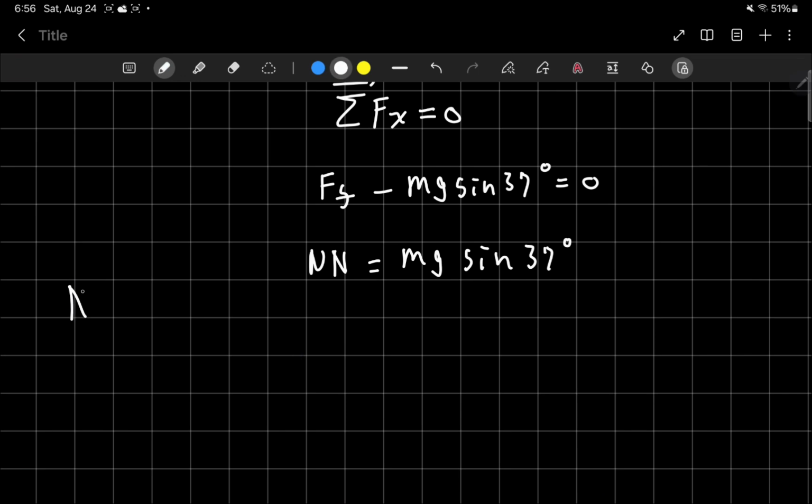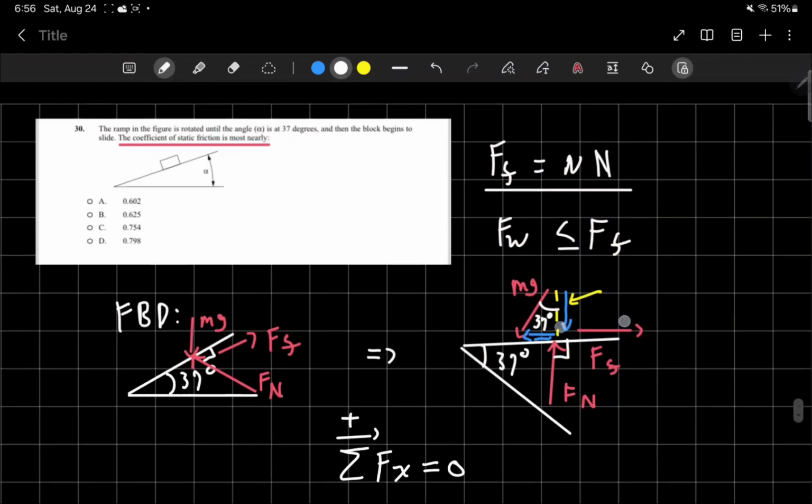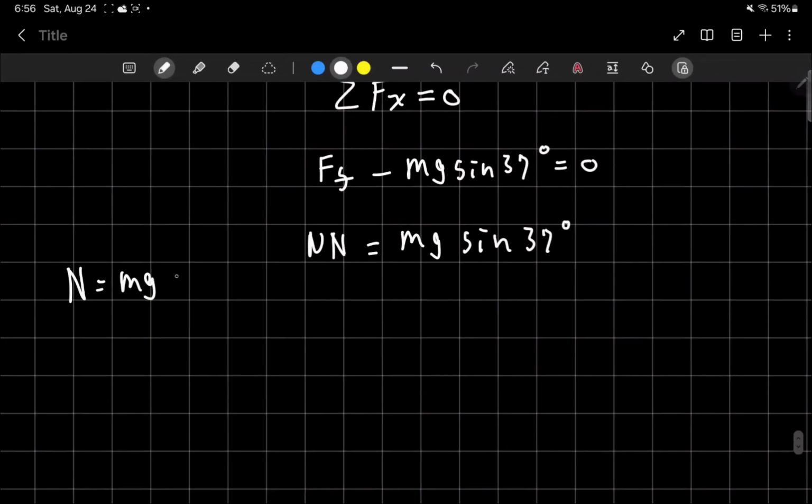I'll write it over here. N equals mg, and it's the adjacent side of the angle. So adjacent is cosine 37 degrees. And we can plug that in to our main equation. So mu times mg cosine 37 equal to mg sine 37.